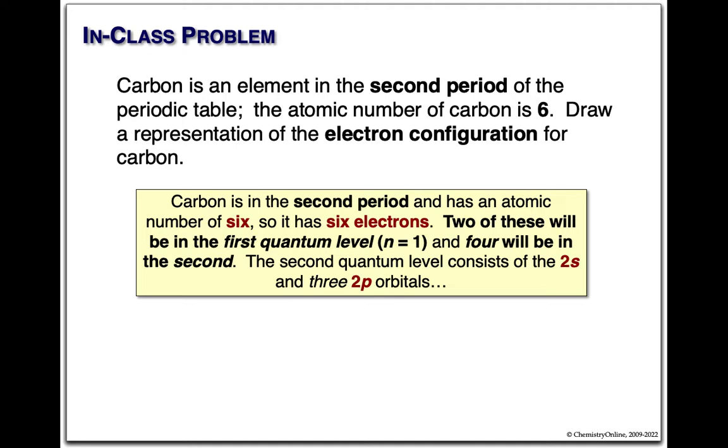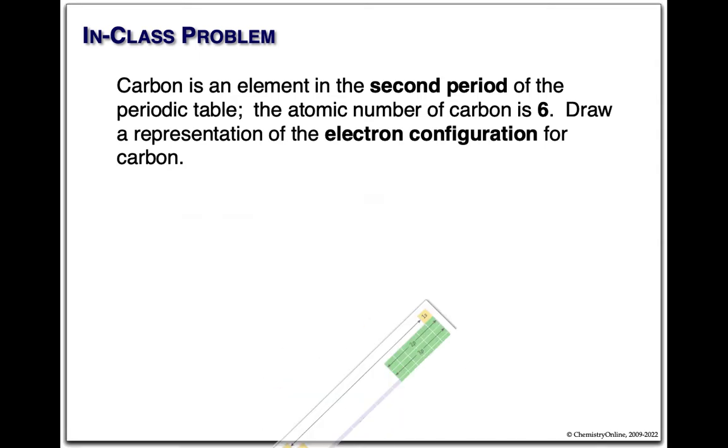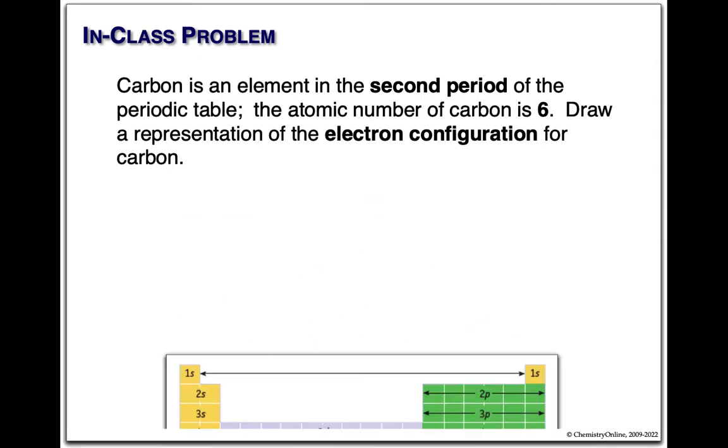The other 4 are going to be in the second quantum level. What we're doing is we're filling this with the first 2 electrons. The next 2, we fill this guy. Here's carbon. So the next 2 electrons go here and here.